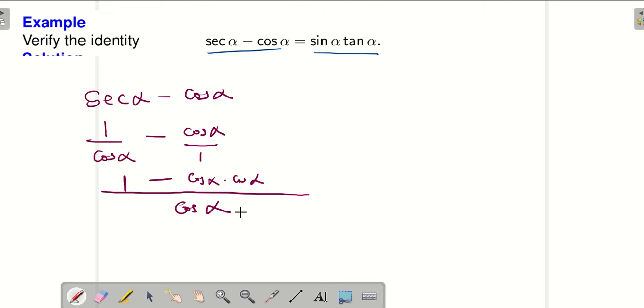So we are going to get this. But remember that our focus is to get sine alpha tan alpha. So where I am heading towards, I don't think I'll get the sine alpha tan alpha here. Let me use a different approach.